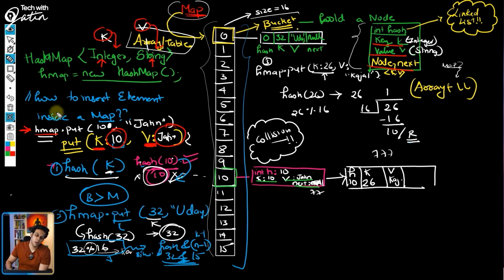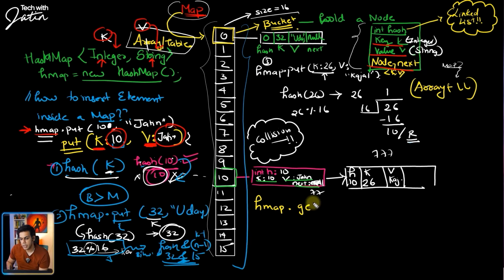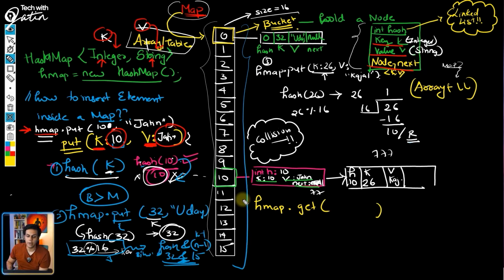Now, whenever you want to retrieve a value from this particular map, all you are going to say is HashMap dot get, and for that you're supposed to pass your key. So I'm going to say get me the value of the key 26. Out of all the entries inside this particular array, 26 comes into picture.